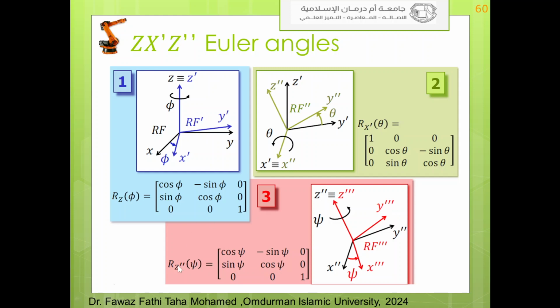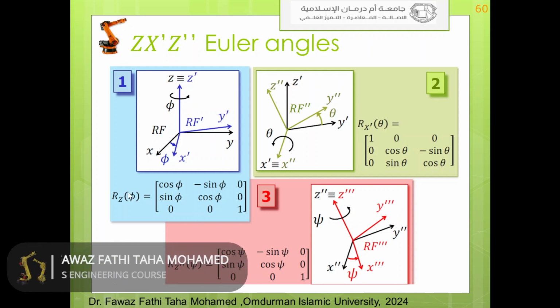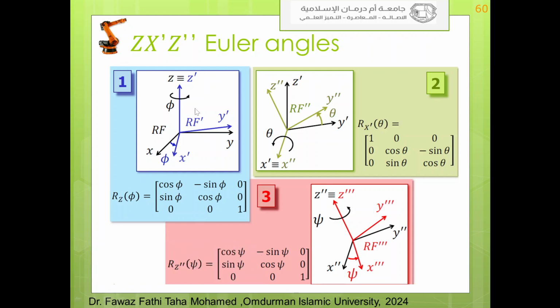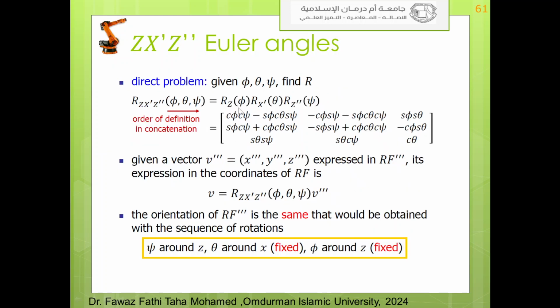You have rz double dash, and because here we make a rotation around the current frame, we use the post multiplication formula. So the compound rotation matrix will be rz multiplied by rx dash multiplied by rz double dash. Rz rx dash rz double dash is the order of definition in concatenation.